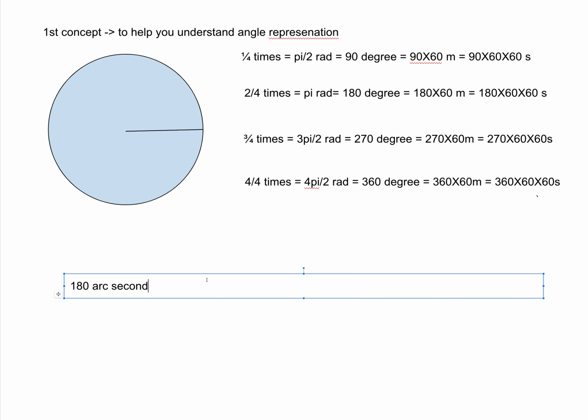So how will you explain? 180 arc second of course is 180 arc second, but if you want you can convert it back to minute or convert it back to degree. Suppose you want to convert it back to minute, what you need to do, it is like, suppose there is 100 paisa, so second is very small, right? So when you convert it to minute it will be bigger.